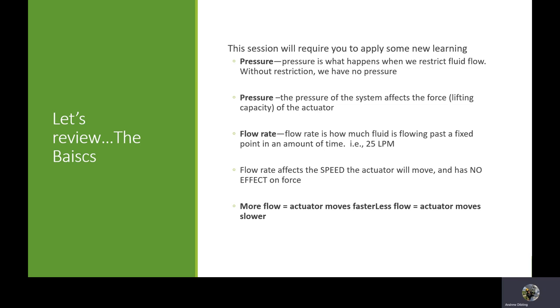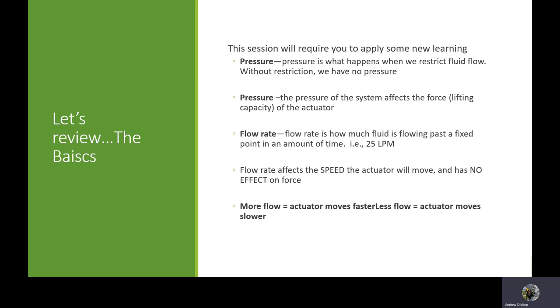Okay. The flow rate is how much fluid is flowing past a fixed point, and it's usually in liters per minute, liters per second, those kinds of units. Flow rate affects the speed the actuator will move. How fast does the cylinder extend? How fast does the motor spin?